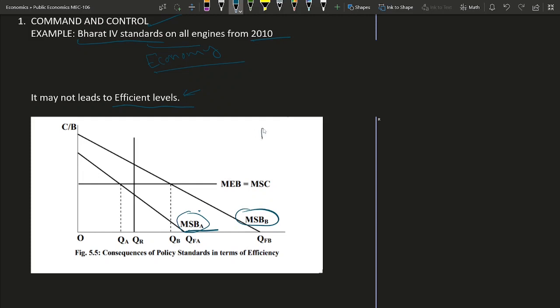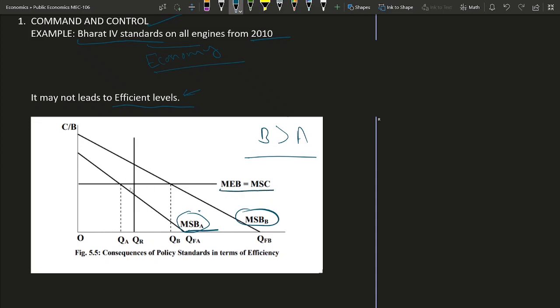So firm B is more efficient than firm A in that case. For simplicity, we are assuming there is no private marginal cost. So in that case, marginal external benefit will be equal to marginal social cost.